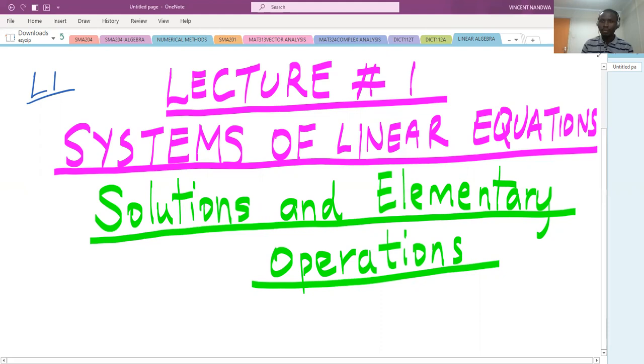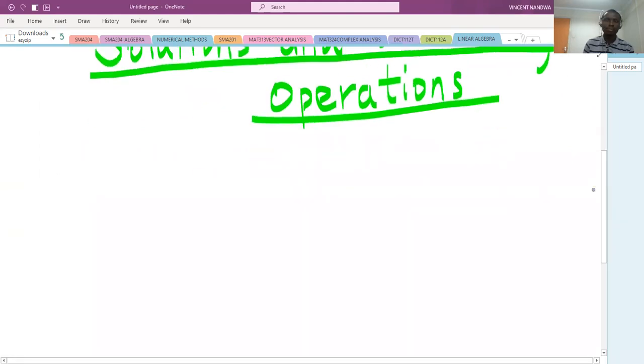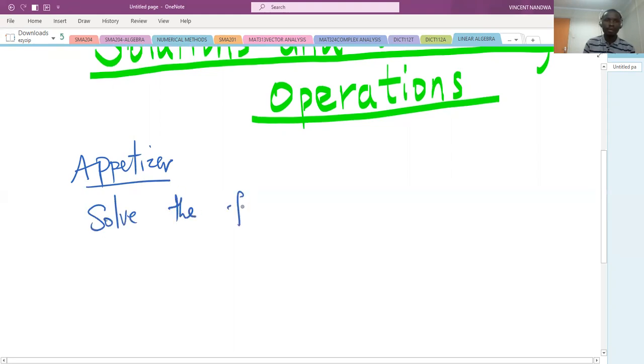So, systems of linear equations and elementary operations. We start with an appetizer. Solve the following simultaneous equations.